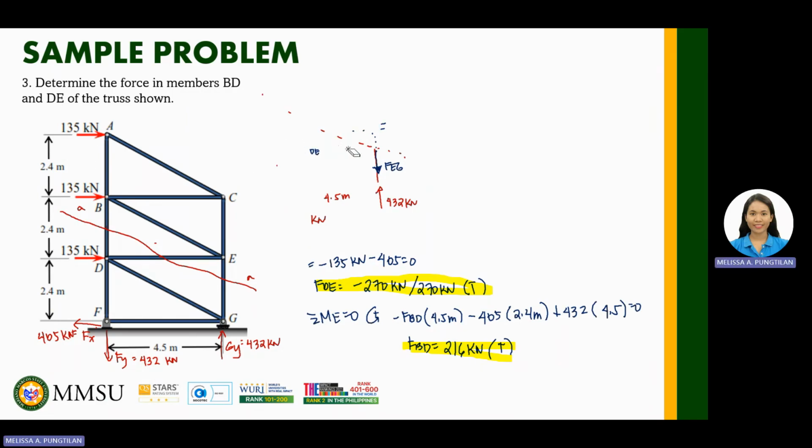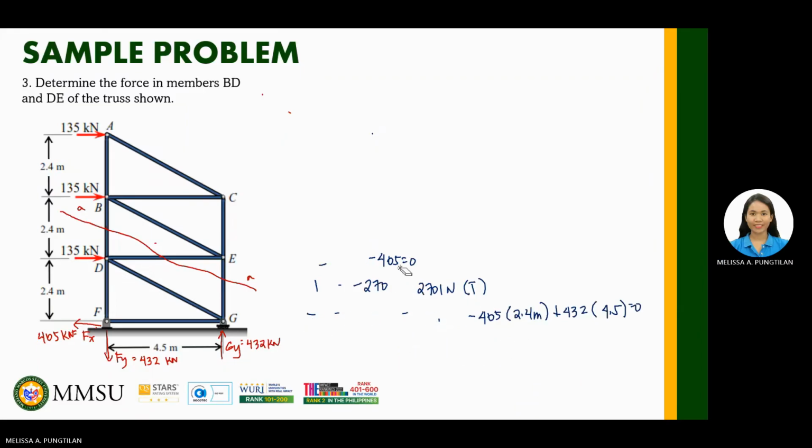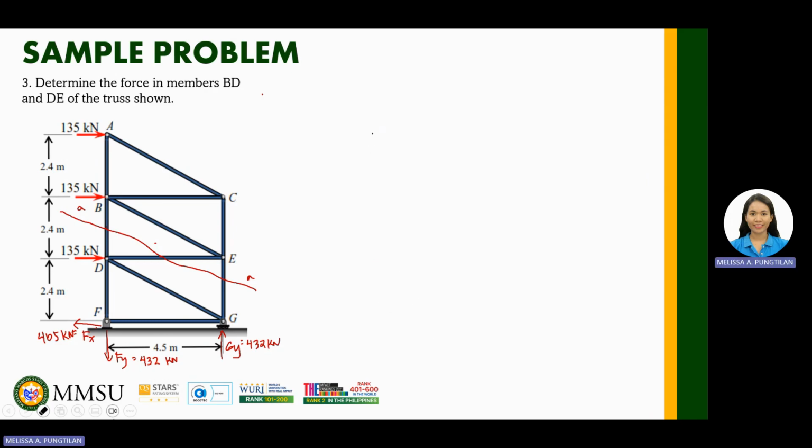Ang advantage kasi pag kinonsider mo yung upper portion, okay na kahit hindi mo i-compute yung mga support reaction. Pwede mo nang i-jump yung procedure number 1. Okay. So, upper portion naman yung i-drawing natin ngayon.